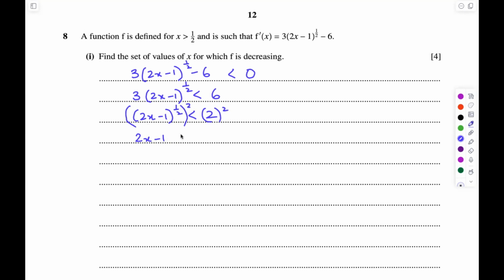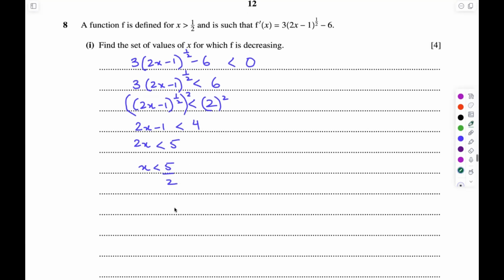So 2x − 1 will be less than 4. Taking 1 on the right hand side, that will become 2x is less than 5 and x will be less than 5/2. Now, as the value of x has to be greater than 1/2, the set of values of x will be x greater than 1/2 and x less than 5/2.